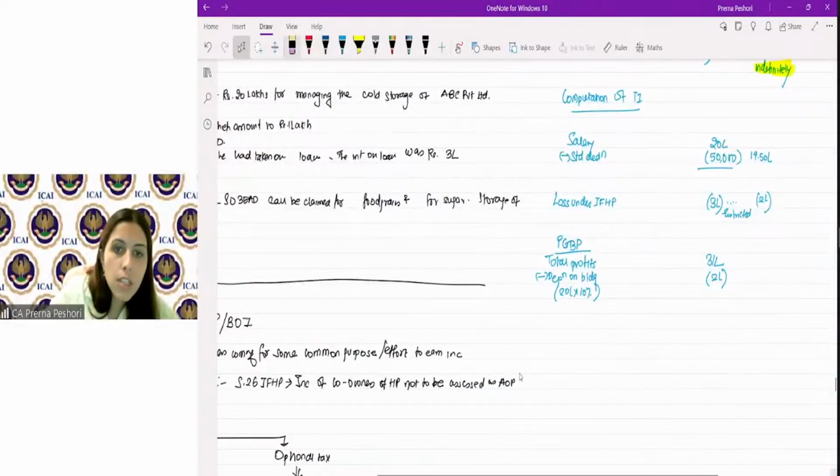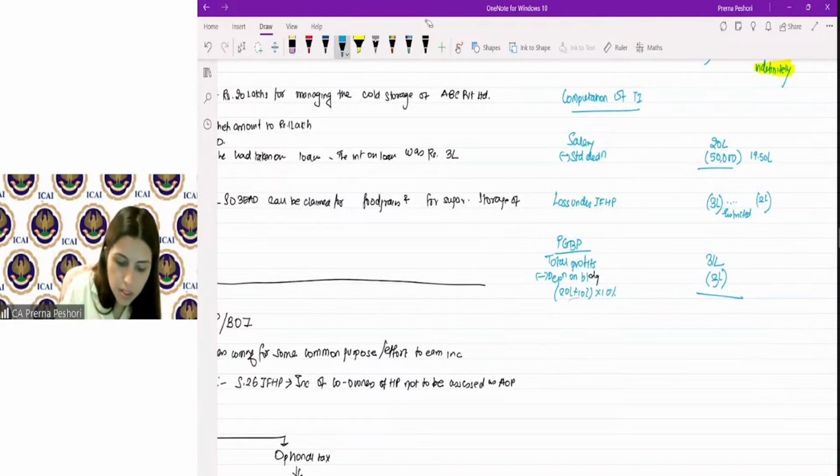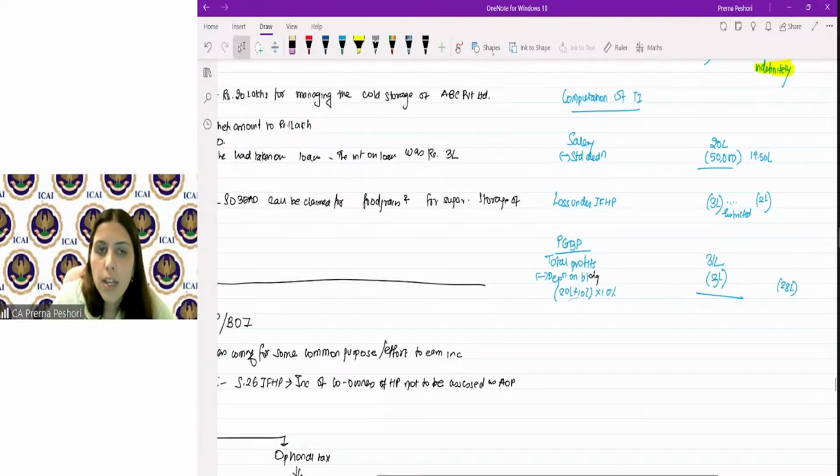So this should be 20 lakh of the last year plus 10 lakh of current year into 10%. So this is going to be 3 lakh. So this is 31 minus 3. This is 28 lakh. Is this fine? So now 28 lakh is my PGBP.